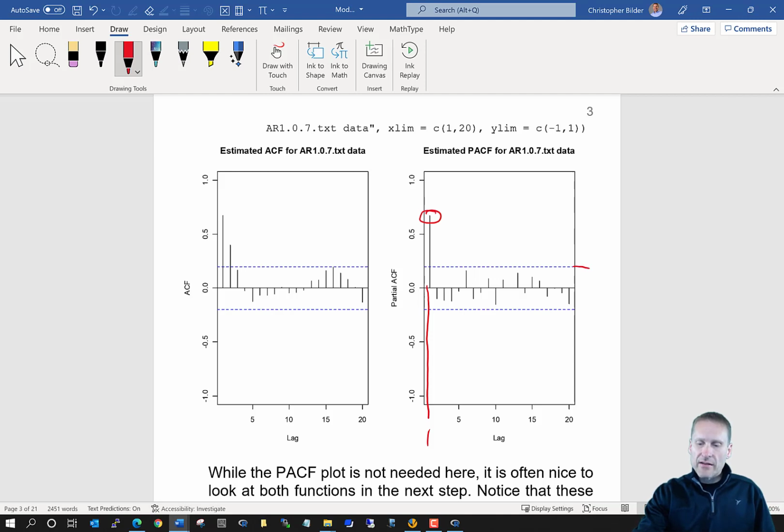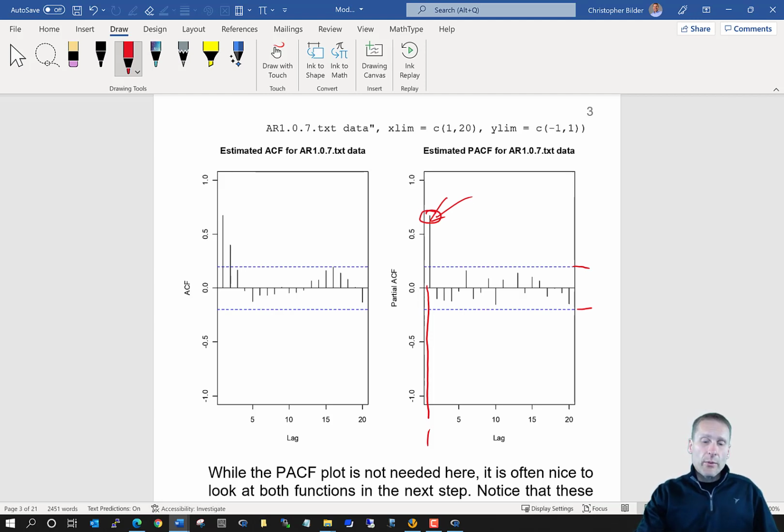Remember, these dashed lines are drawn at plus or minus 1.96 divided by the square root of n. Anything outside there gives you evidence that indeed a partial autocorrelation is different from 0. But what we have here is all the partial autocorrelations are within those limits. So after lag 1, we do not have sufficient evidence to indicate that we have a non-zero partial autocorrelation. Only does it occur at lag 1.